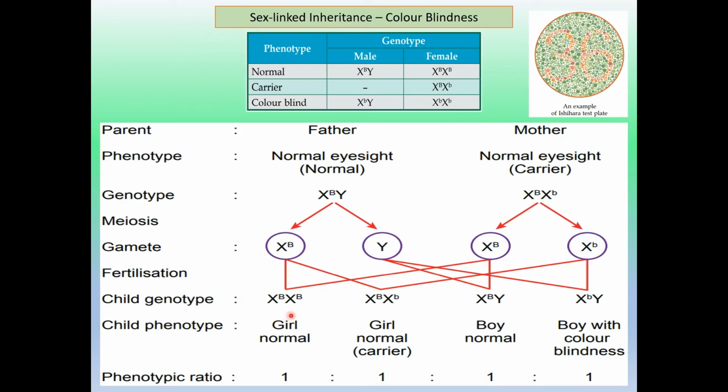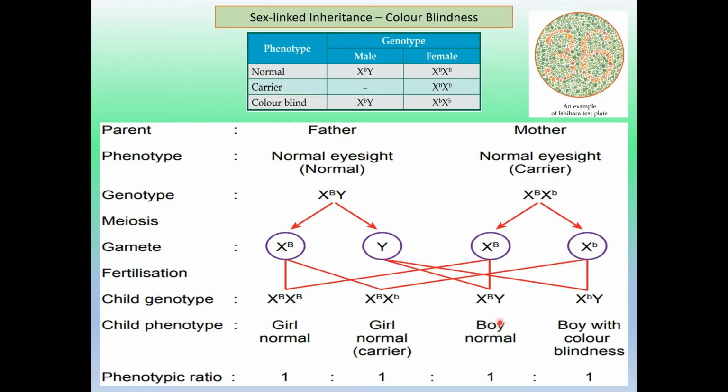This is a girl because XX, and both are dominant alleles, so the girl is normal. This one, the girl carries one recessive allele, so she is normal, but we call her a carrier because she carries one recessive allele.